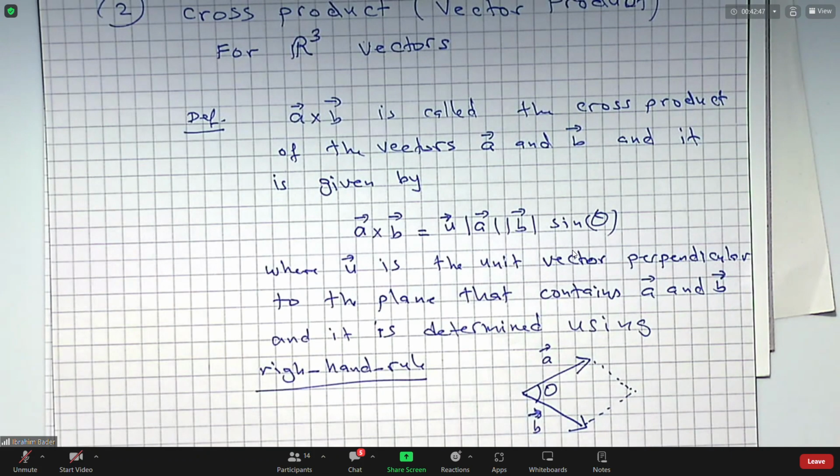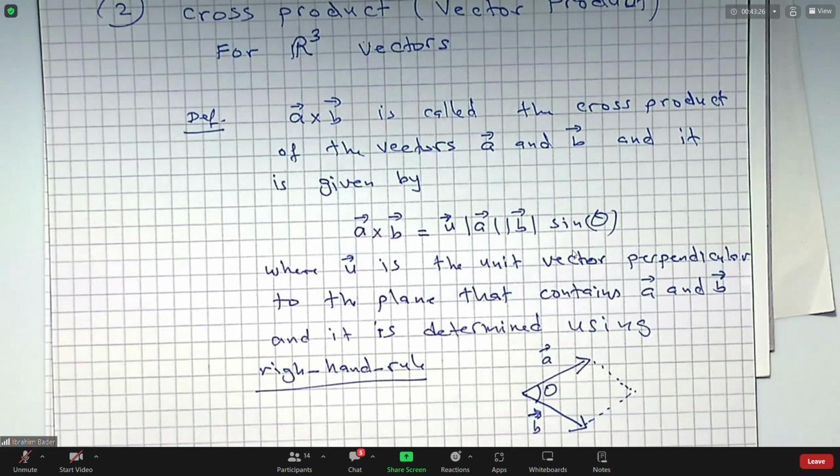Now, this is the definition of this product. To evaluate it is not difficult, but it's a little bit more tedious. It has applications in physics and in mechanics, for instance, moment, where it's just the cross product of the force and the distance, the power arm, and so on.